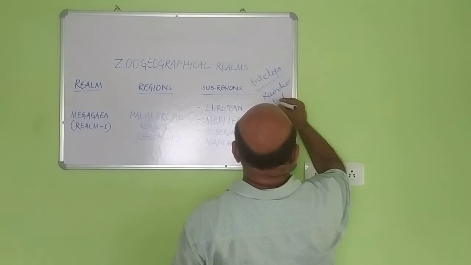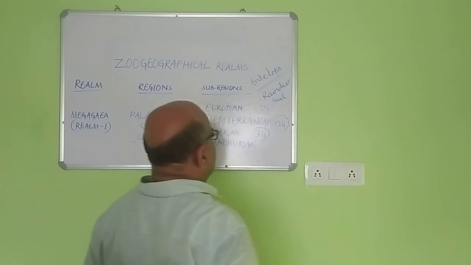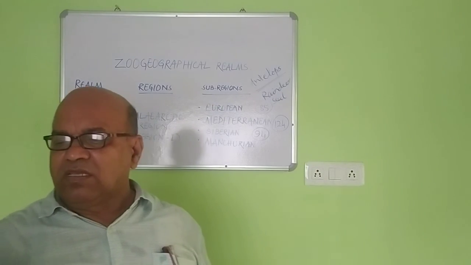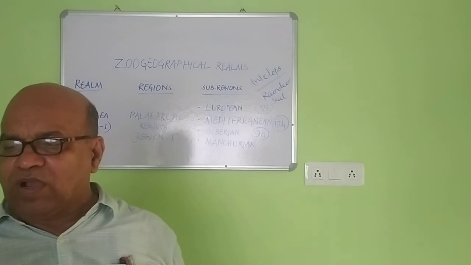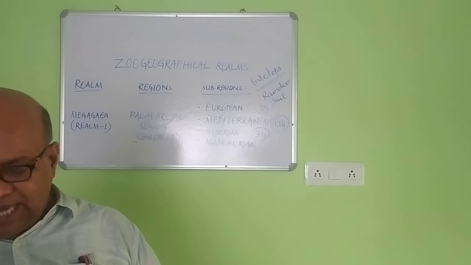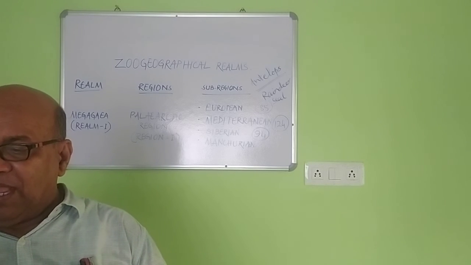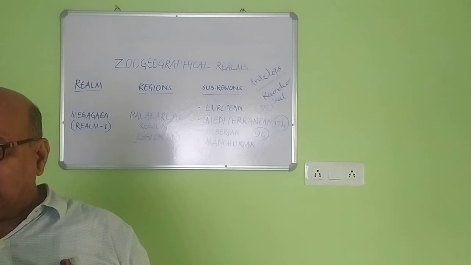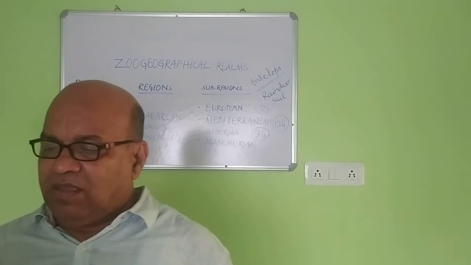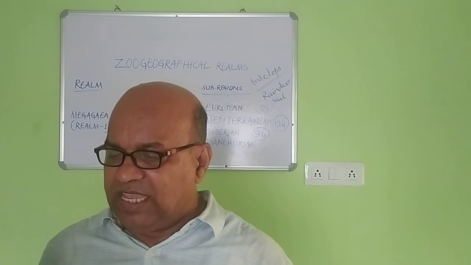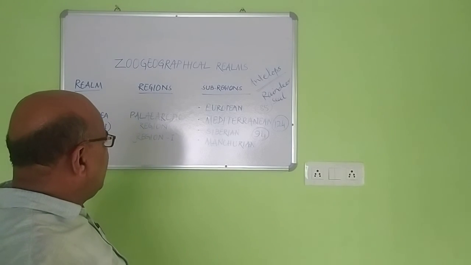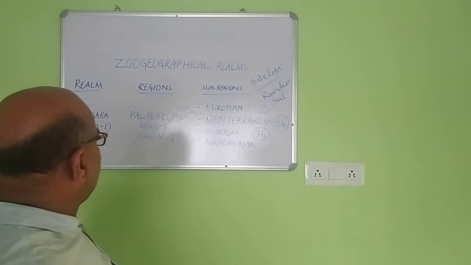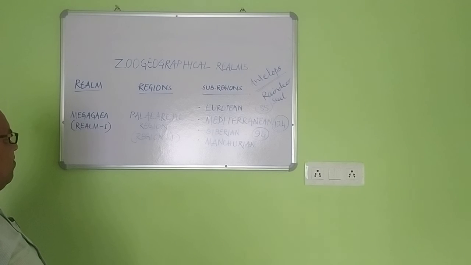Those organisms are noticed profusely there. The seal is known as Phoca; Phoca is the generic name and sibirica is the specific name. Phoca sibirica is also noticed there. Those organisms are seen in the Siberian sub-region under the Palearctic region, under the realm Megagaia.